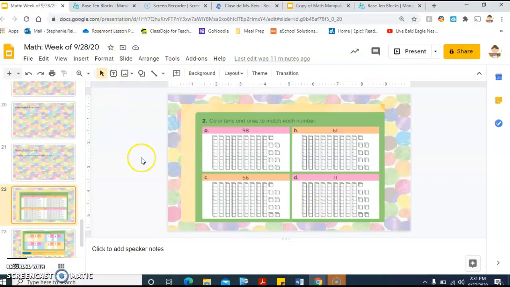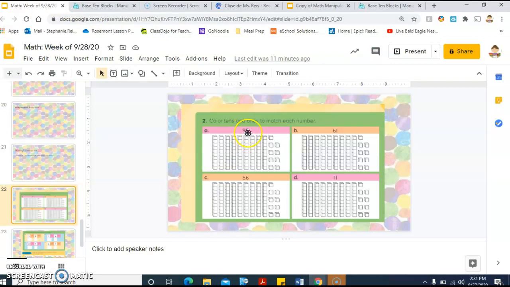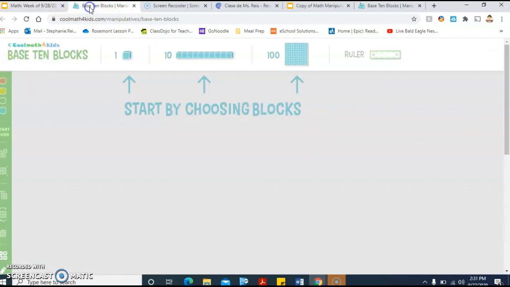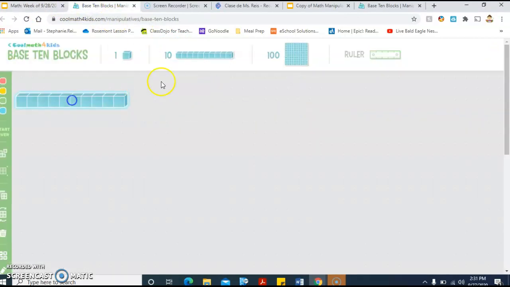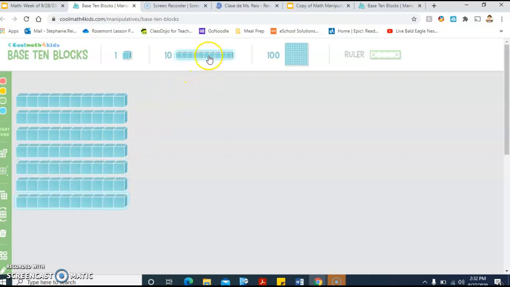Okay? So, our first number, 98. So we have a 9 in the tens position. For my tens position, I always represent using a rod. I have 9, so I'm going to use 9 rods. So I have 1, 2, 3, 4, 5, 6, 7, 8, and 9.